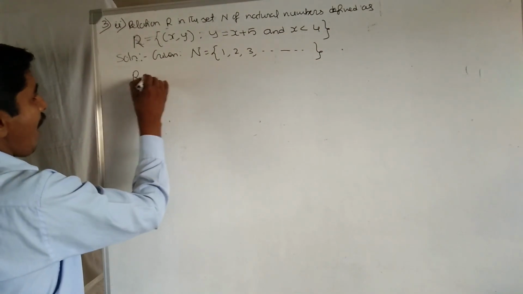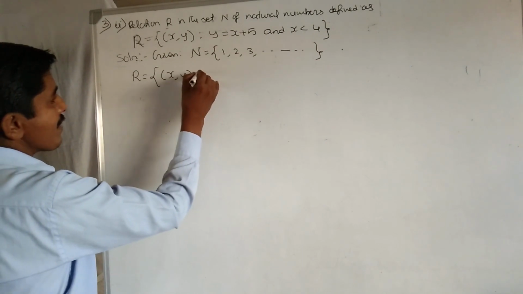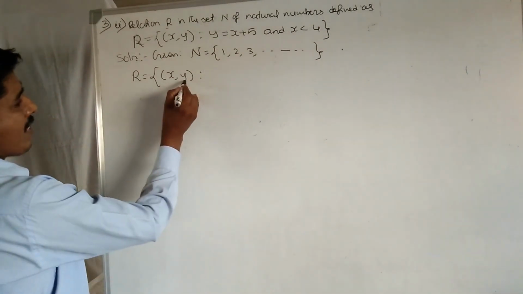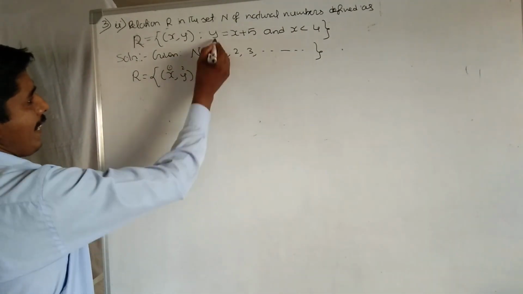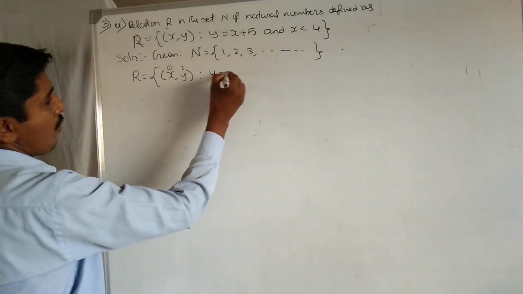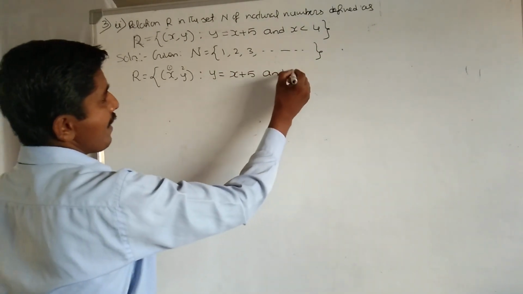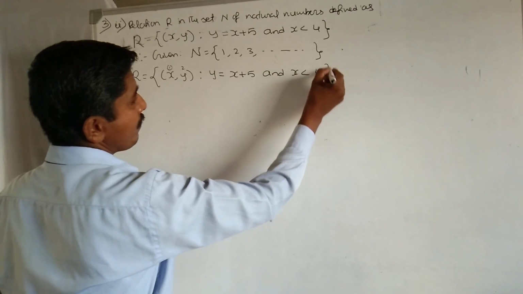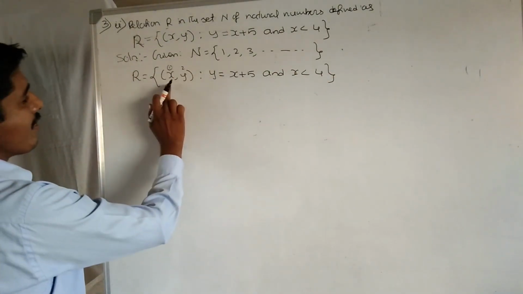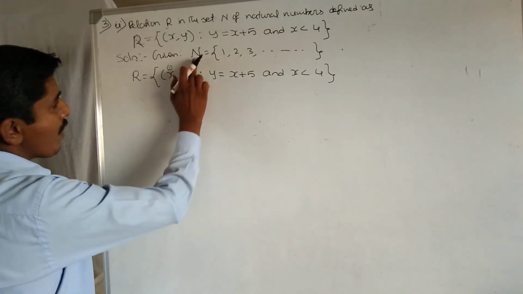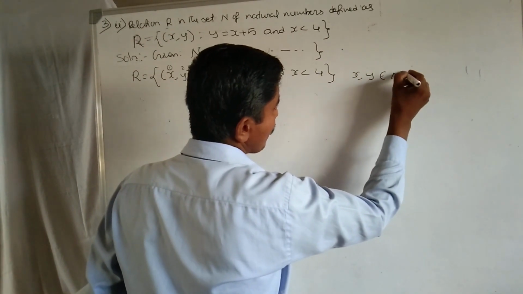Relation defined on set N: R equal to {(x, y) such that y equal to x plus 5 and x less than 4}. Relation defined on N means it is understood both x and y belong to N.